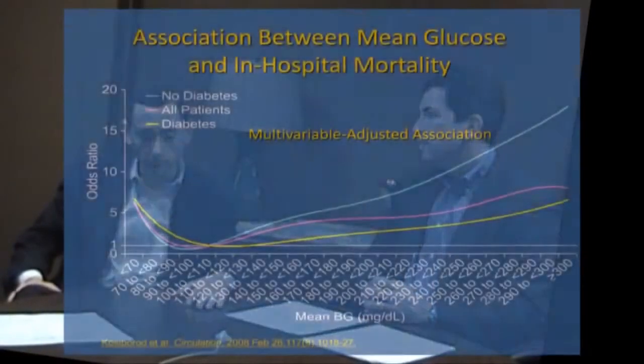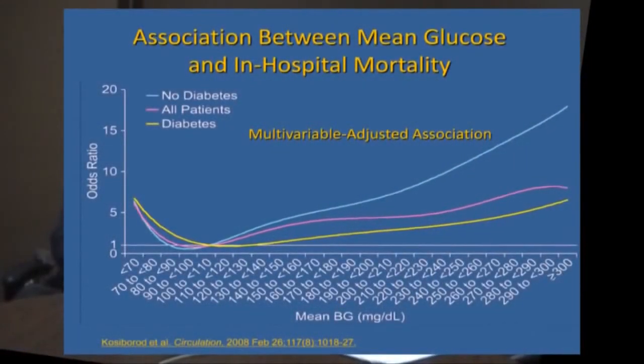But we've done a lot of additional work since I came to the Heart Institute, including this study, where we looked at the relationship between average glucose levels and mortality in acute MI, and showed that there is a very nice J-shaped curve relationship, with patients who have glucose within normal range, roughly between 90 and 130 milligrams per deciliter, having the lowest mortality.